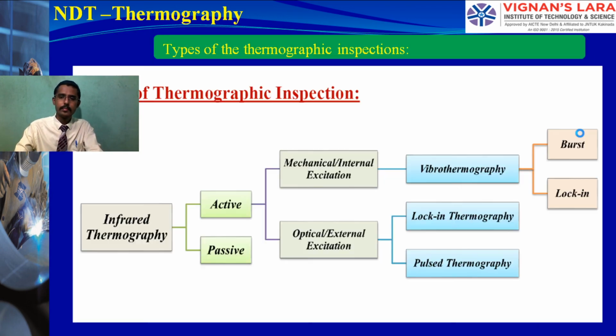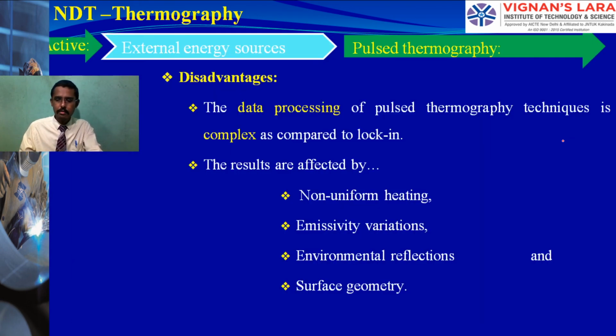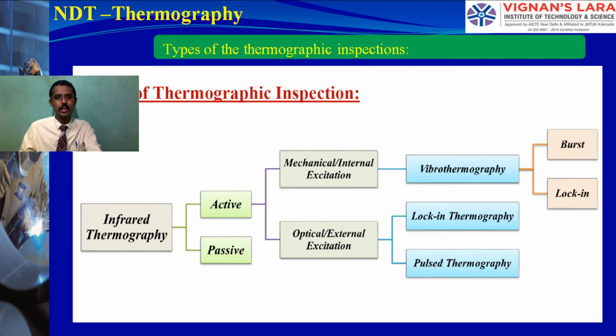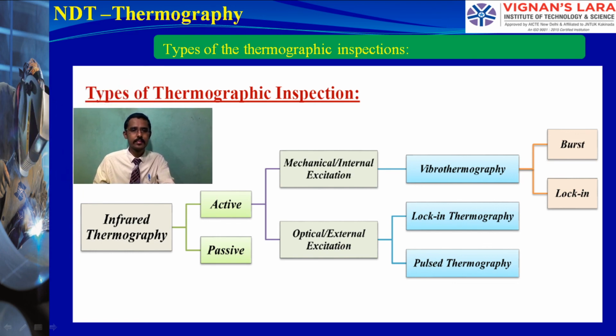As of now, in this lecture we started with the introduction to infrared thermography and the types, active and passive. In the active methods, we have taken the external excitation method, and within it we have covered pulse thermography. For infrared, active, external, pulse method we have covered.